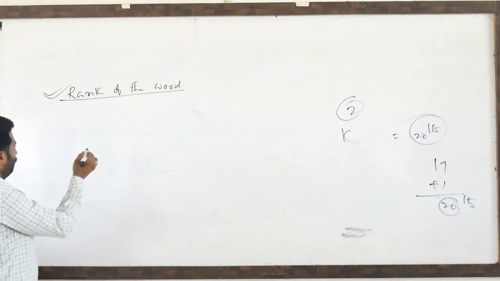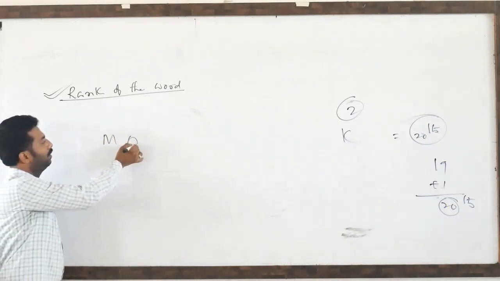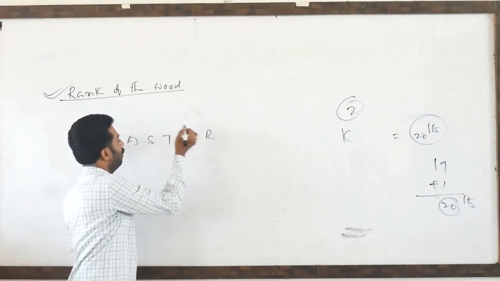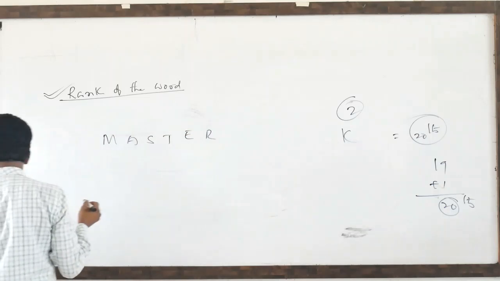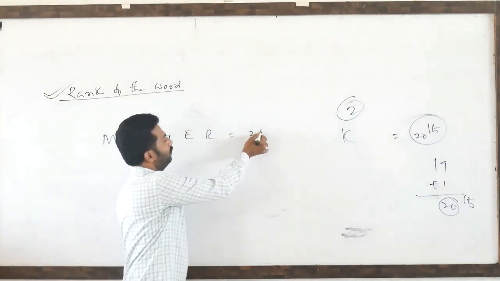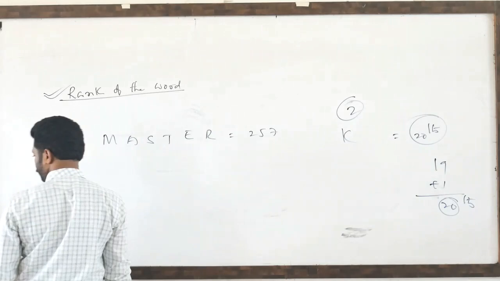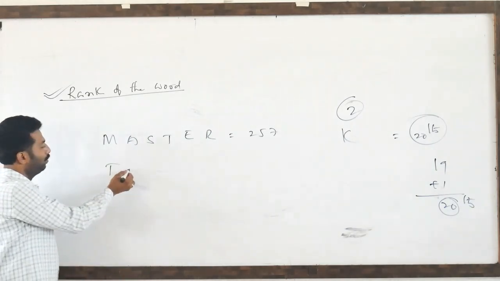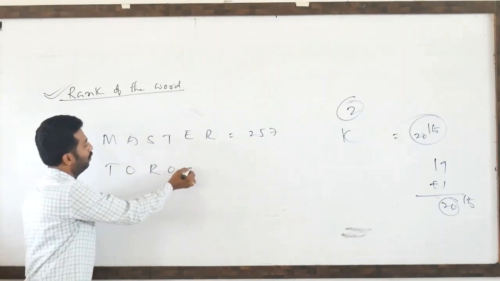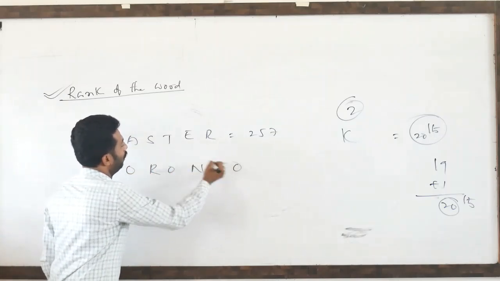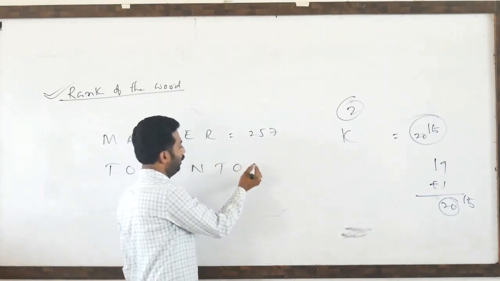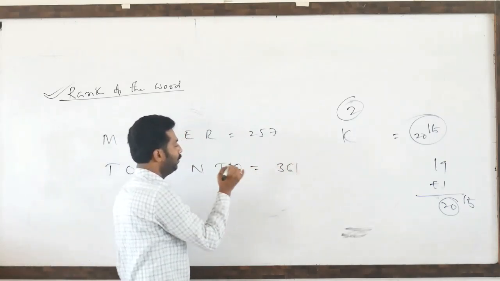So MASTER: what is the rank of MASTER? 257. You check. Next, TORONTO, T-O-R-O-N-T-O. The rank of the word TORONTO is 361.